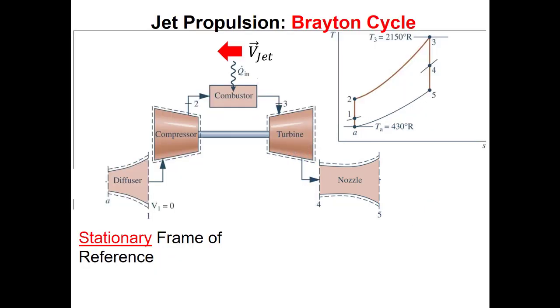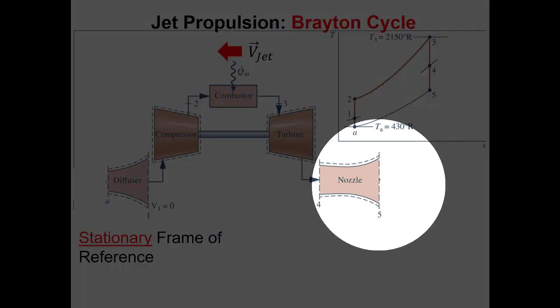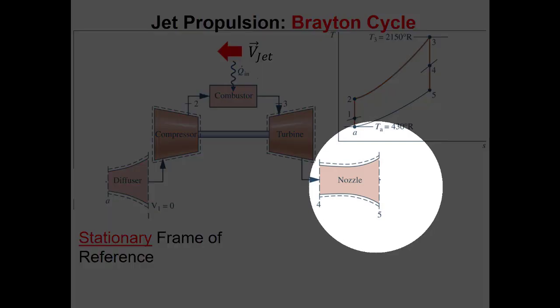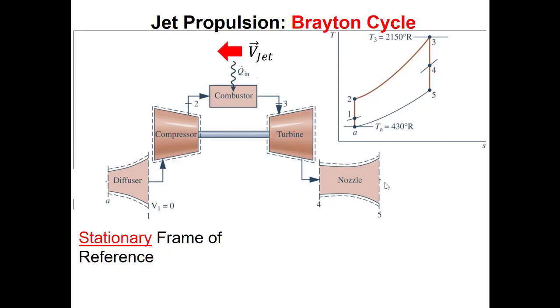Because remember, the thrust power that we're trying to develop here comes from the fact that the velocity is shooting out the nozzle very fast, right? So we want a very fast flow coming out the back of our nozzle, and we want to maximize the velocity coming out here. So you may be getting the idea that kinetic energy is going to be important in this cycle, and that's definitely true for at least part of the cycle.